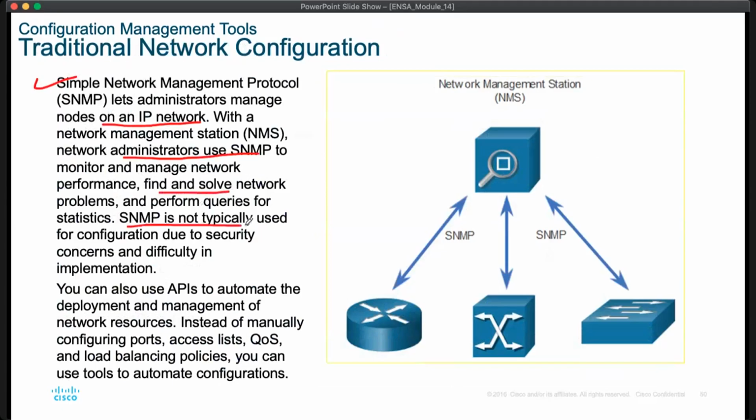And SNMP is not typically used for configuration due to security concern and difficulty in implementation. You can also use API to automate the deployment and management of network resources. Instead of manually configuring ports, access lists, quality of service, and load balancing policies, you can use tools to automate configuration.